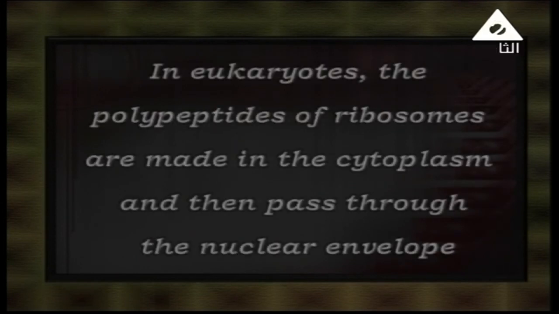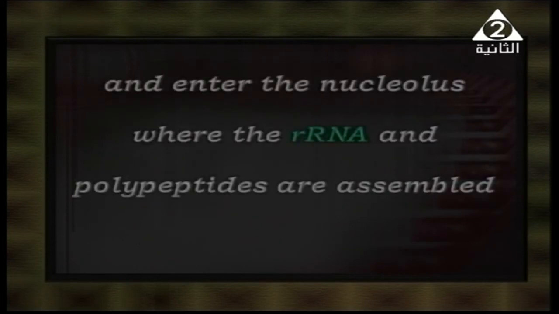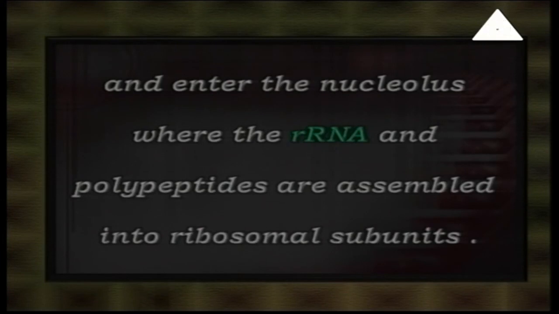In eukaryotes, the polypeptides of ribosomes are made in the cytoplasm and then pass through the nuclear envelope. After this, they enter the nucleus where the rRNA and polypeptides are assembled into ribosomal subunits.